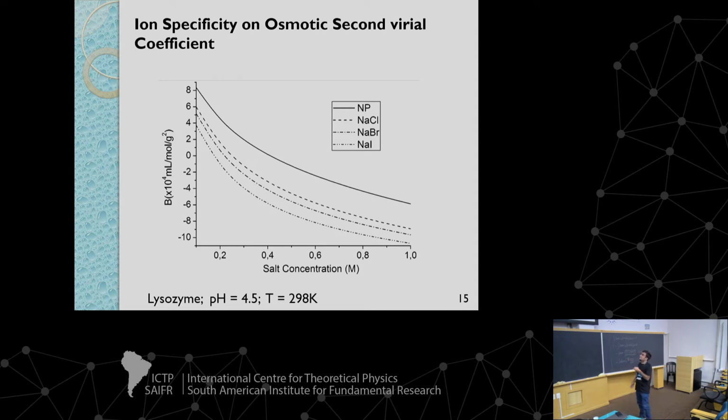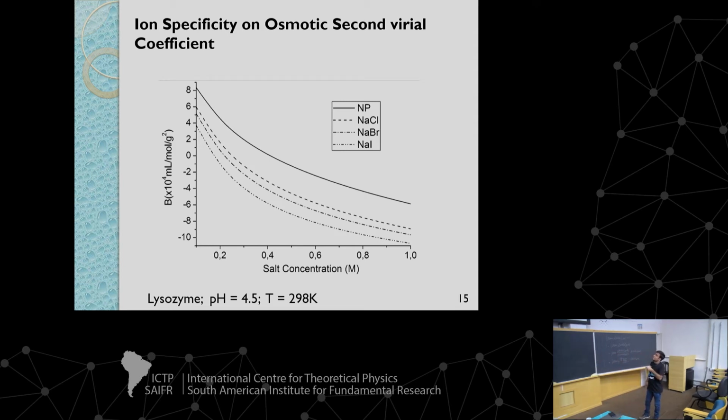So we're considering the same conditions, pH of 4.5, lysozyme at a temperature of 298 Kelvin. We get those results for different salts. So once again, for the second virial coefficient, we can see, again, ion-specific effects.